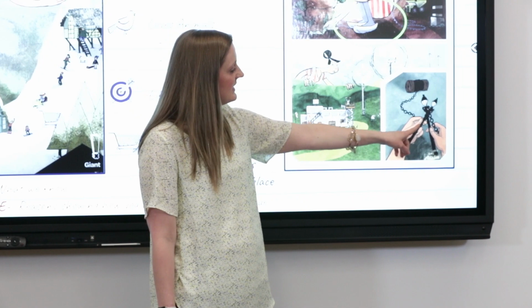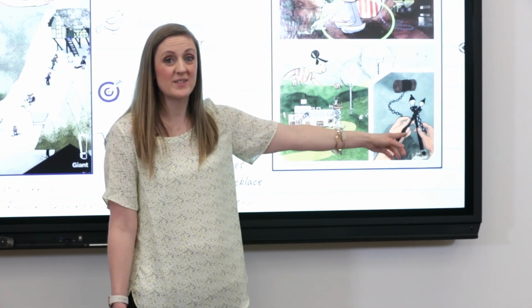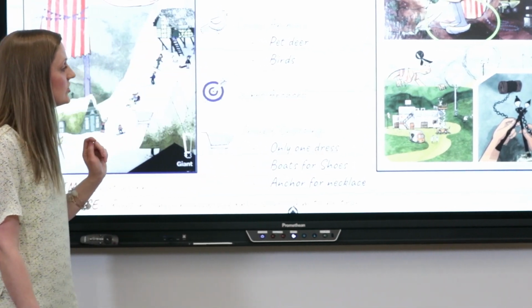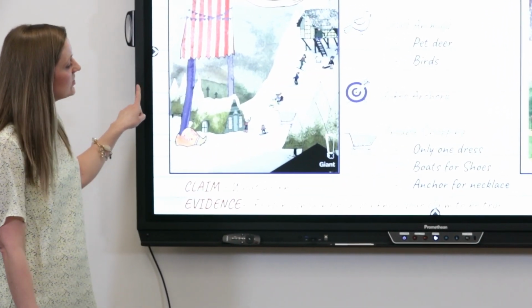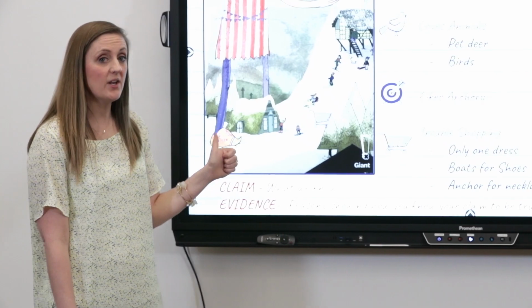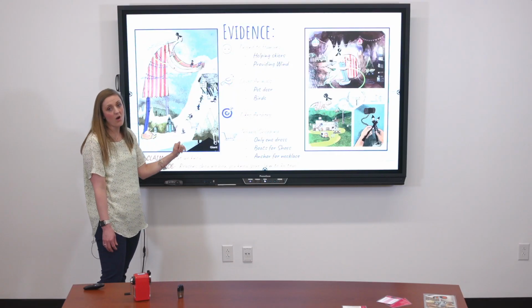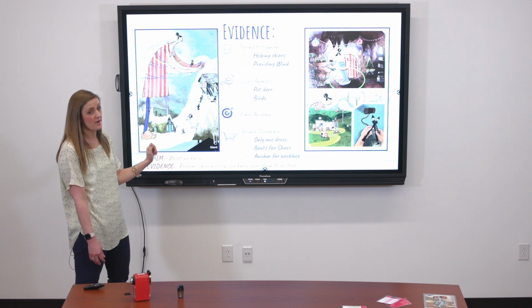There's a craft called knitting, and this could be what she's doing using lampposts because she's a giant and she's huge. So make sure when you're looking at your pictures, whichever extraordinary you have, that you make sure to find all of your claims and make sure they're supported by evidence.